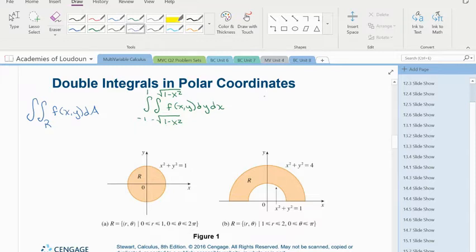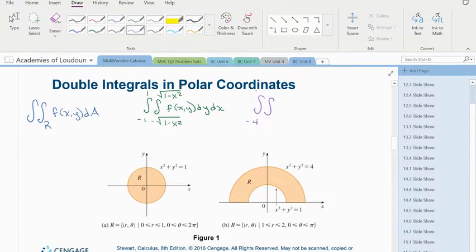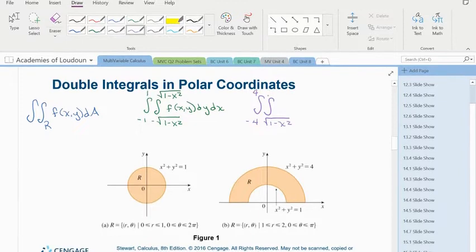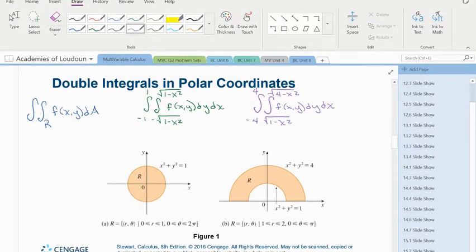For Figure 1b, we have the integral from -4 to +4. We'd have the square root of 1 minus x squared to the square root of 4 minus x squared, f of xy dy dx.